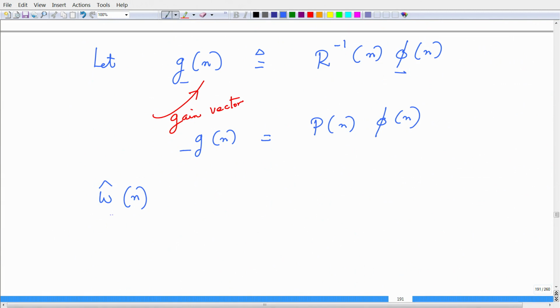So W hat of n is W hat at time step n minus 1 plus the gain vector times the innovation.